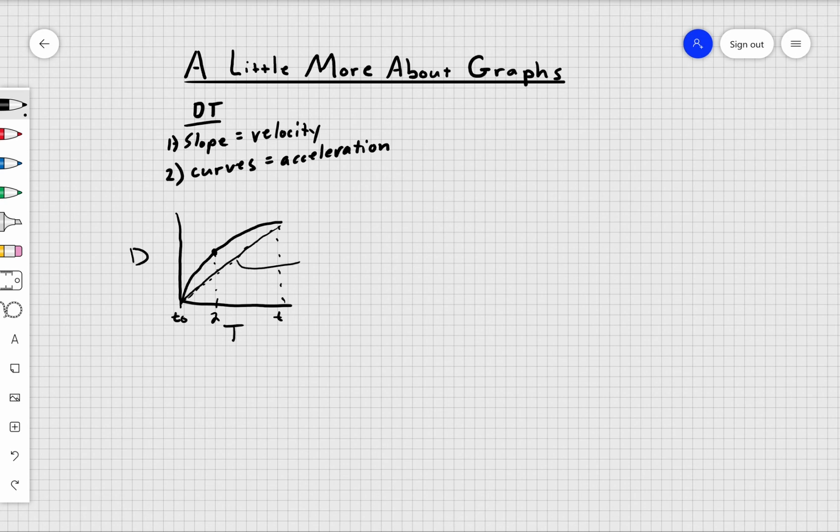The slope of that line is the average velocity. We might be asked that, but we wouldn't be asked for the instantaneous velocity at some specific point in time. We won't deal with that. Remember, we're only dealing with averages.